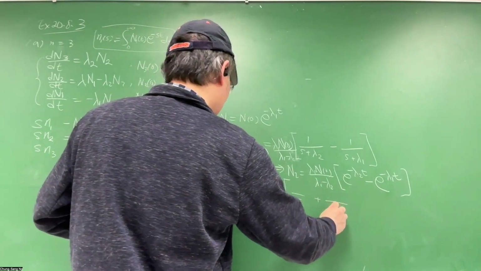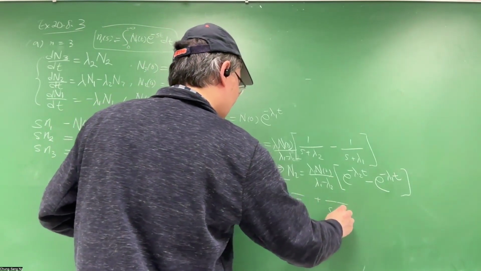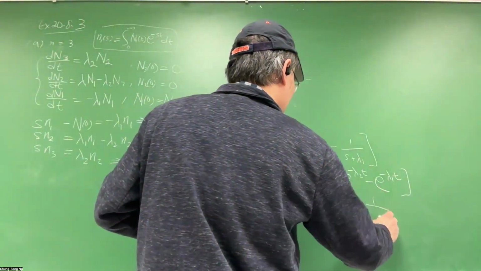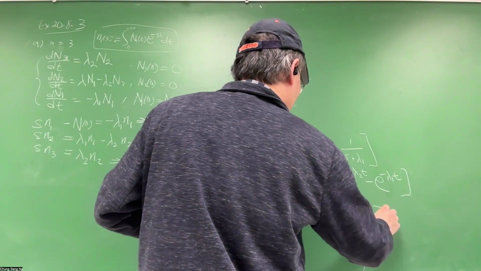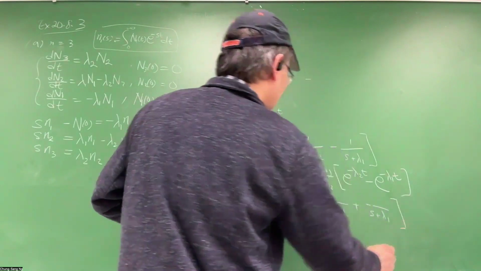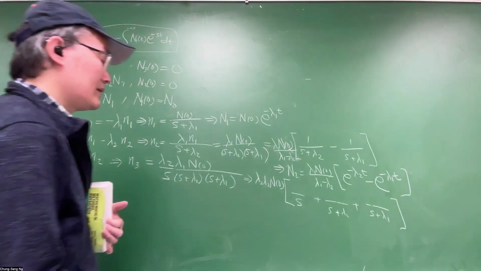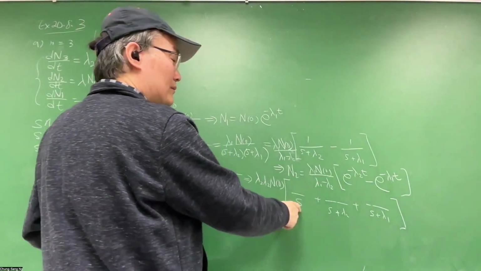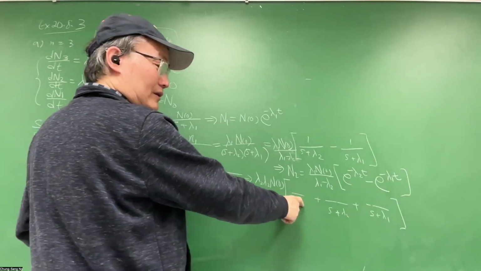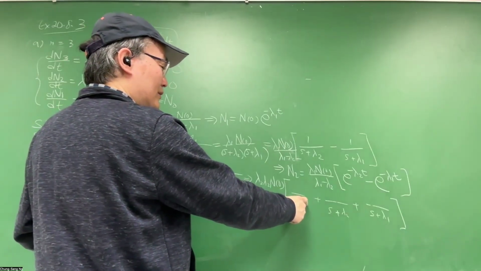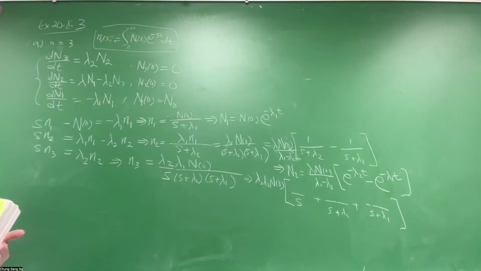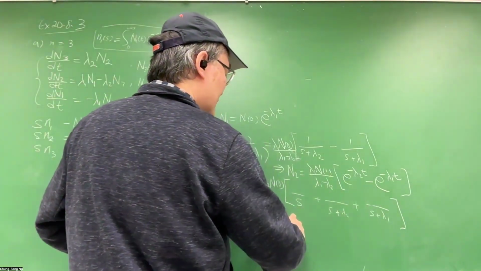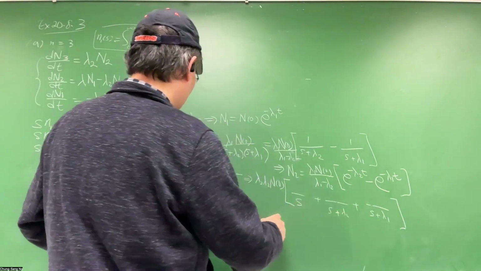Don't know the coefficient yet. And this one will give you a constant term, so according to the tables, because it's S plus 0, its exponential of 0 is 1. It's a constant term.